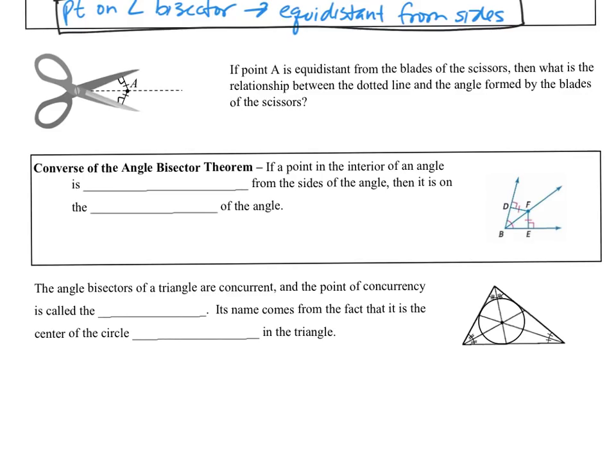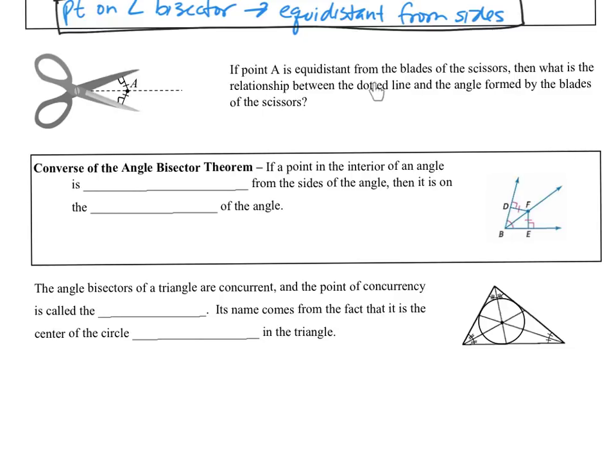And to illustrate this next theorem, let's take a look at this scenario. If point A is equidistant from the blades of the scissors, okay, so here's point A, and you'll see that we have these distances from A to each blade of the scissors marked because, remember, the distance from the point to the blade is the measure of the segment that's perpendicular to that blade, and notice that they are marked congruent.